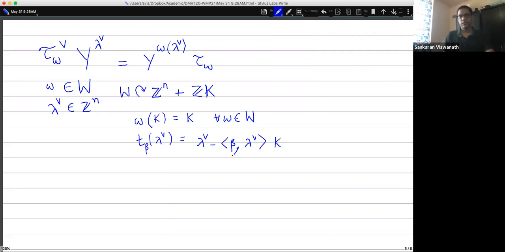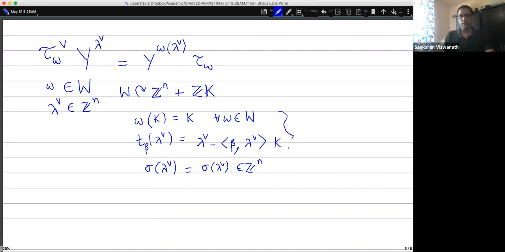Okay, so this is the action of the translations, and elements of the finite Weyl group act in the usual way. So if I take an element from the finite Weyl group, that's just the usual element of Zn. It's just itself. Okay, so it's really the translations which act by involving this additional dimension.